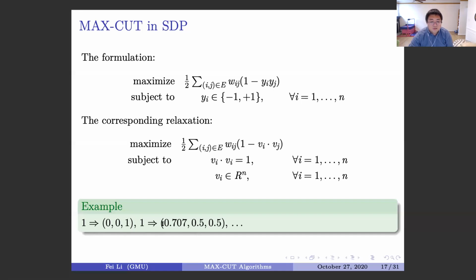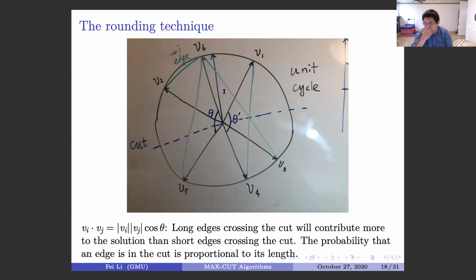We have to convert the values back to integer values in order to create a feasible solution to the maxcut problem. So this step is called the rounding technique. The rounding technique has been used extensively in analyzing and designing approximation algorithms.